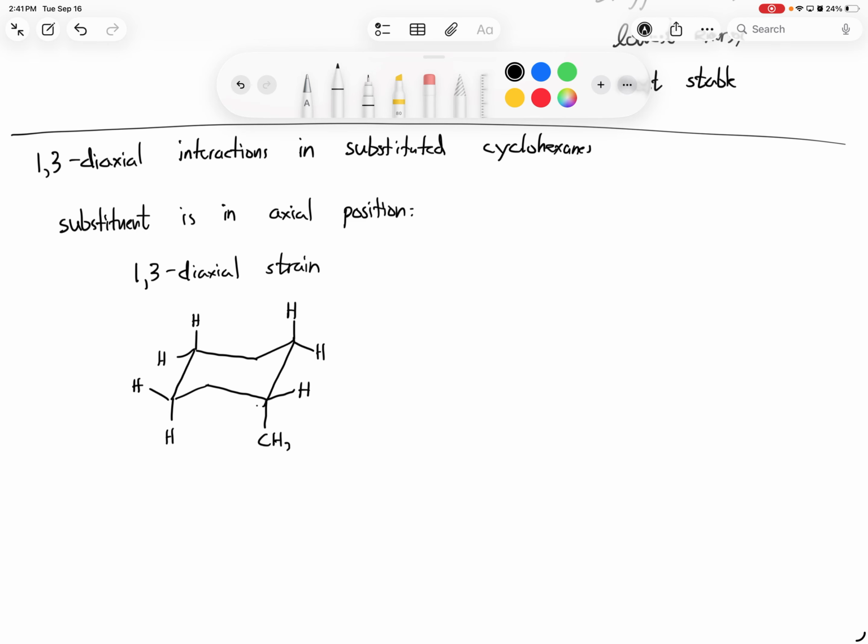Now we're still going to look at this end. So here's my eye, here's my perspective, looking towards that end. Now let's draw the Newman projection here.